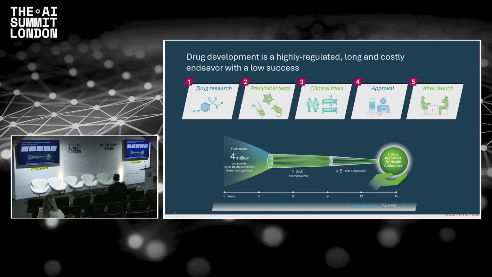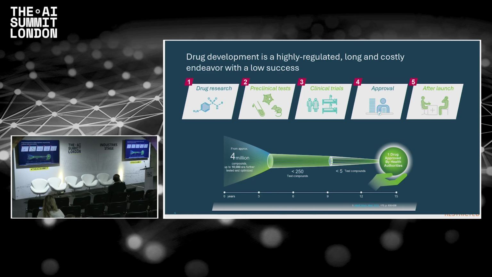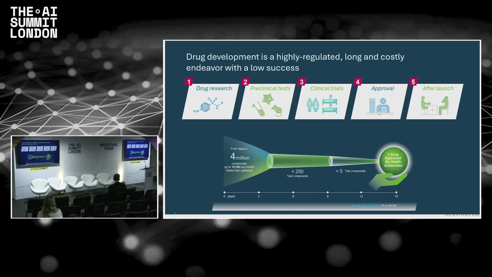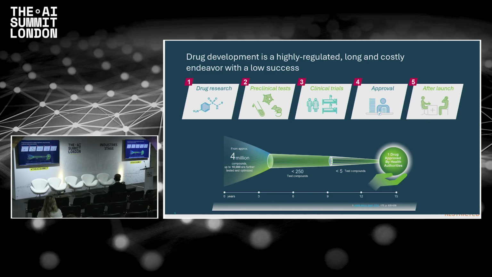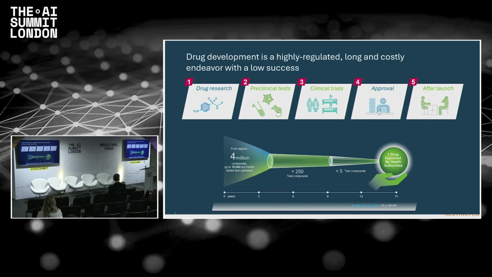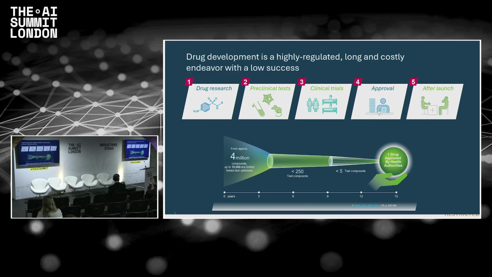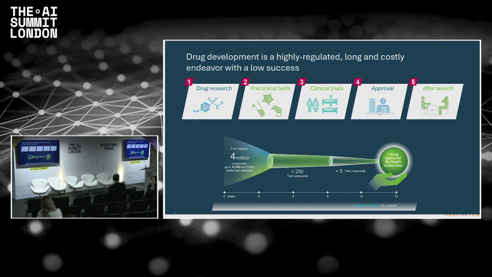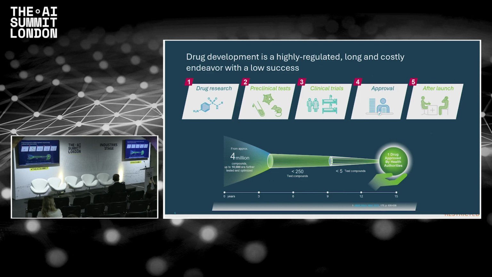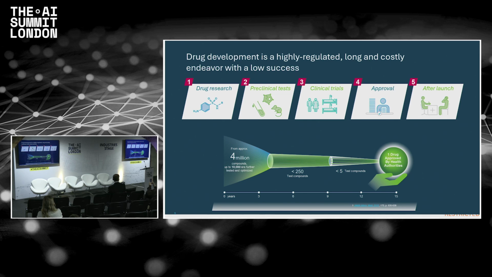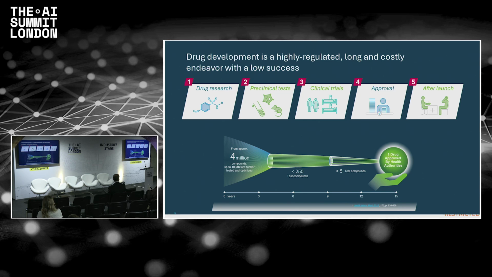And out of 250, only 5 of them end up with the human. And out of 5, if we are lucky, only 1 gets the approval. So you could imagine the process is quite lengthy, risky, costly, and it takes loads of energy.